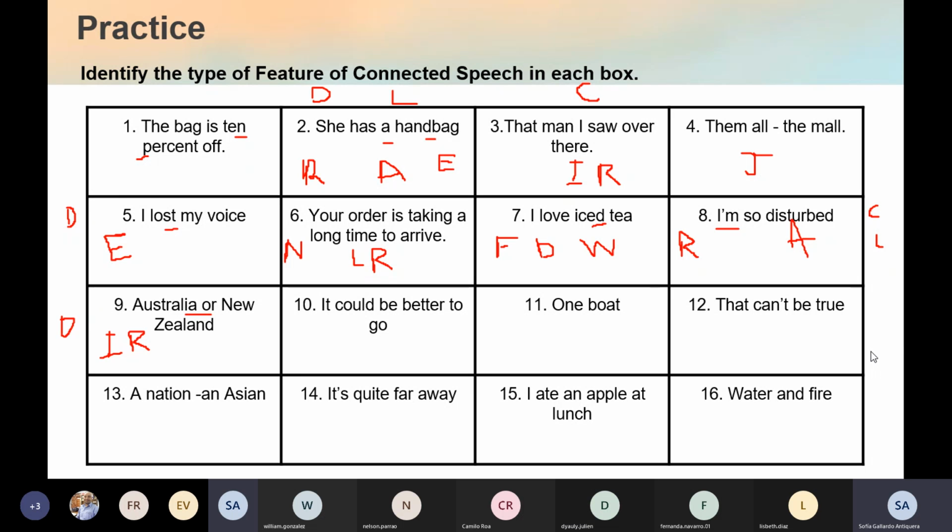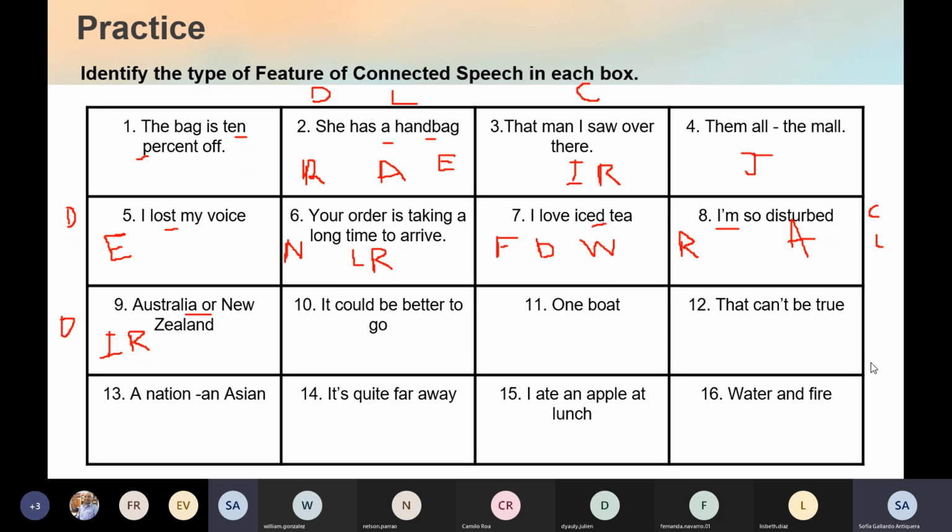So what do you think happens in the next example? It could be better to go. Now I think we have an intrusive R. An intrusive and linking R. Okay, so remember that linking R needs to have the R in the spelling of the sentence for it to happen.